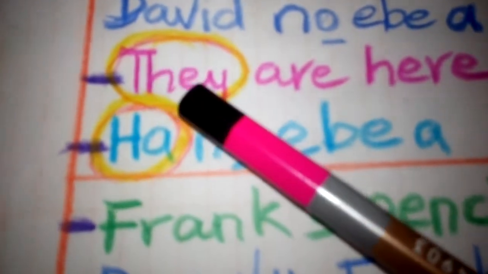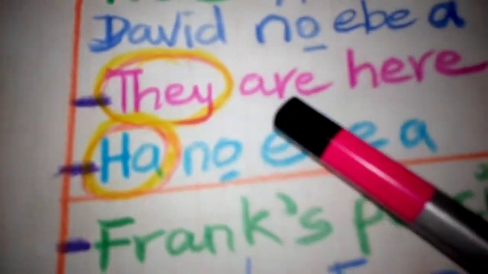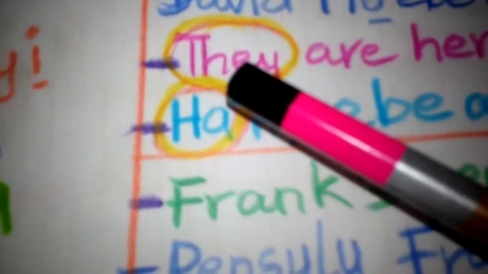Ha nọ ebe a. They is replacing the two people here. Okay, they is a pronoun. In Igbo it means ha nọ ebe a. Ha is a pronoun.